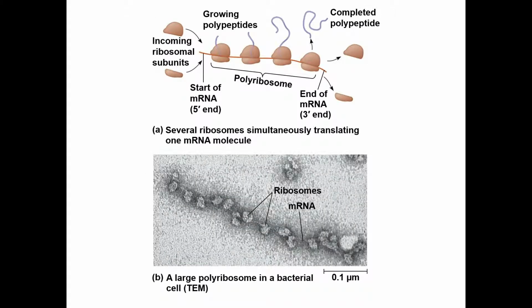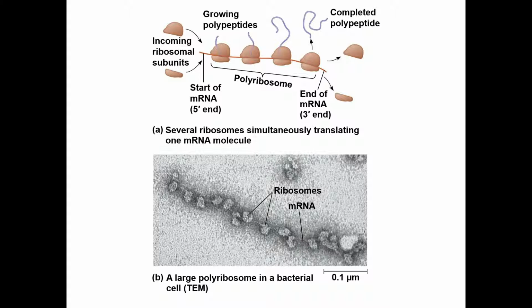Alright, so here, this is showing you a polyribosome. You have the 5' end of your mRNA, and you have your 3' end at the other end of the mRNA. So you have your start and your end of your transcript.